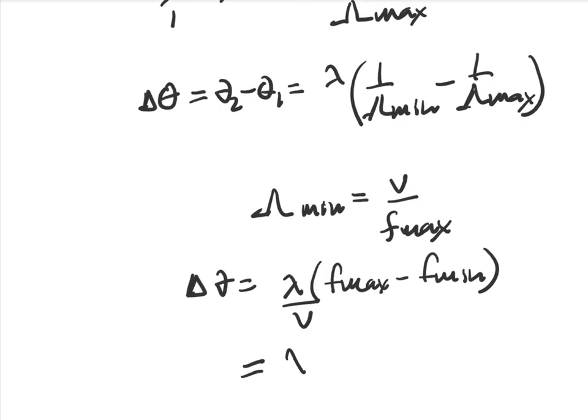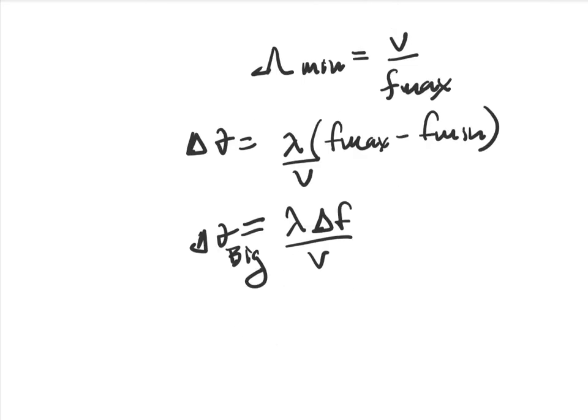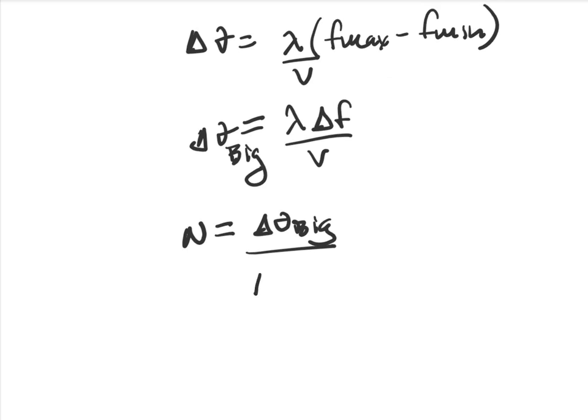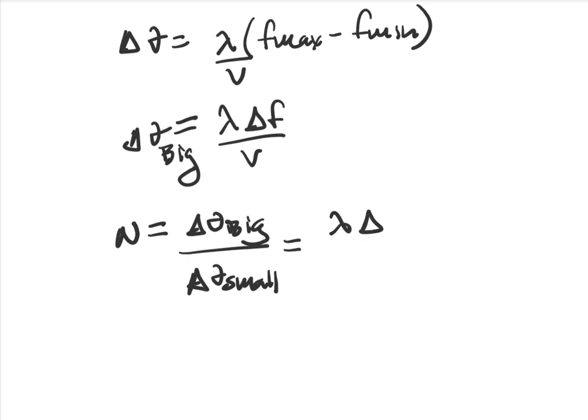And this is big delta theta equal to lambda delta f, or the bandwidth, over v. This is what we're going to use to find n, which is, as you recall, delta theta big over delta theta small, the total scan angle over the beam divergence. And that is equal to lambda delta f, or bandwidth, over v.